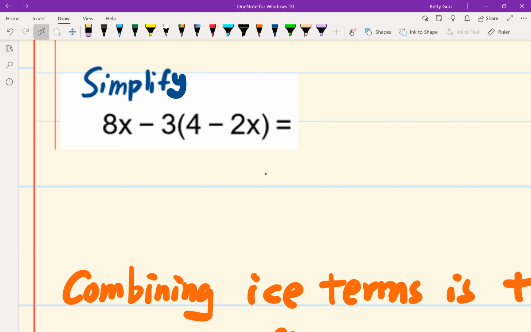And then you're going to multiply the coefficient with each number in the parentheses. What's the coefficient? Negative. You're going to multiply -3 with each number in the parentheses.